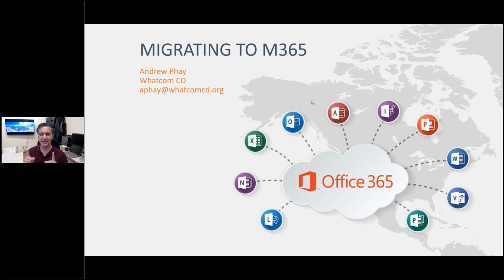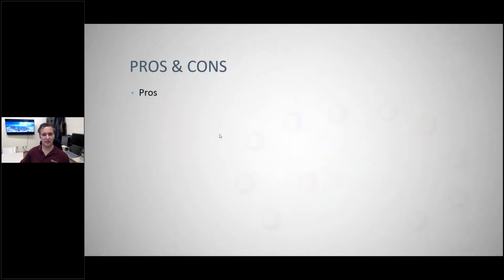So two different types of migrations, and they have to go two different ways. Most districts will essentially be going from an SMTP setup, old style mail system, to Microsoft 365, or they might be coming from Gmail. So we'll touch on a little bit of both, but not too much.